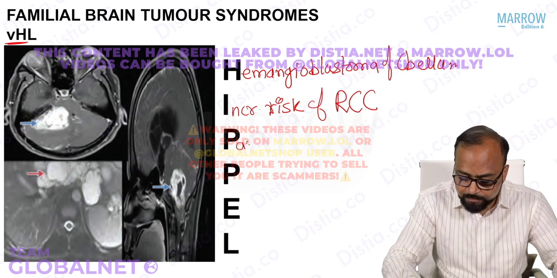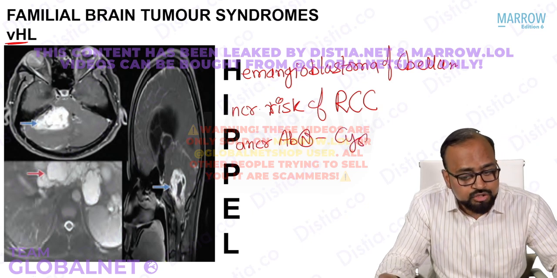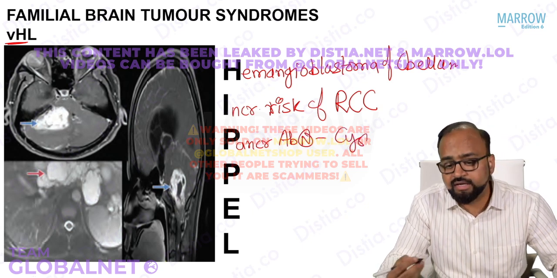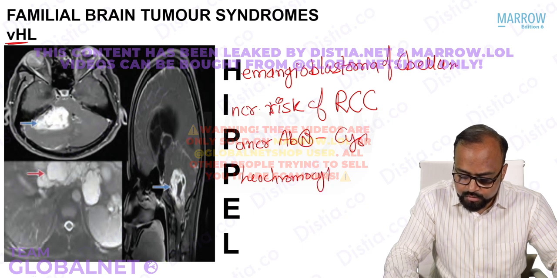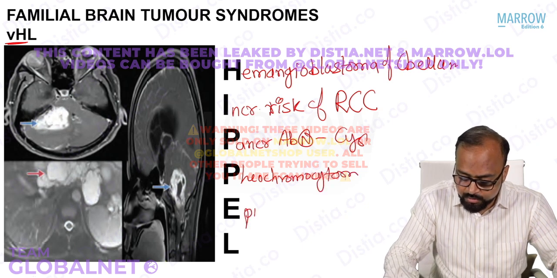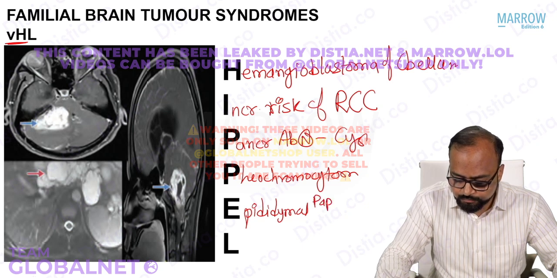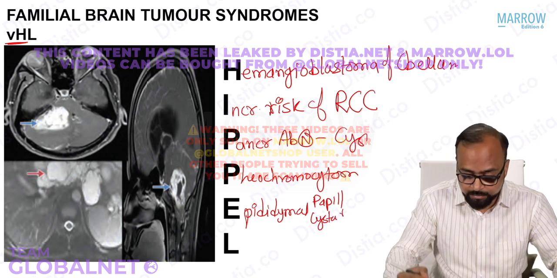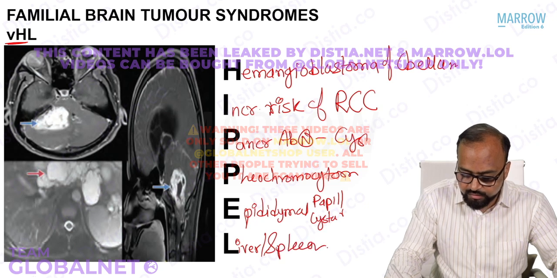There are multiple pancreatic abnormalities or pancreatic cysts which could be seen, pancreatic cancer, pancreatic cystadenomas. There could be pheochromocytomas. Epididymis may be involved. So epididymal papillary cystadenomas, and there are multiple cysts involving the liver, spleen and a few other organs.